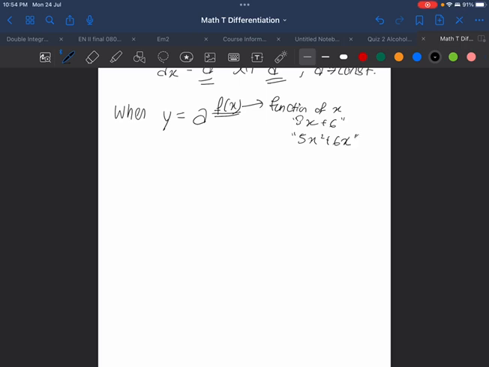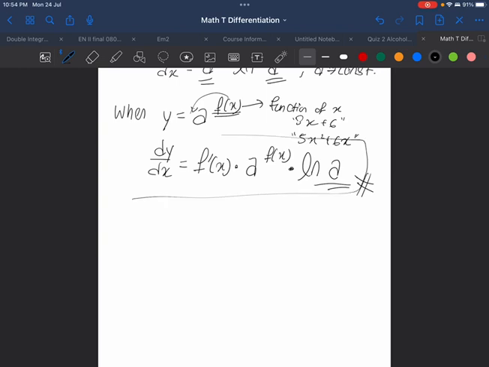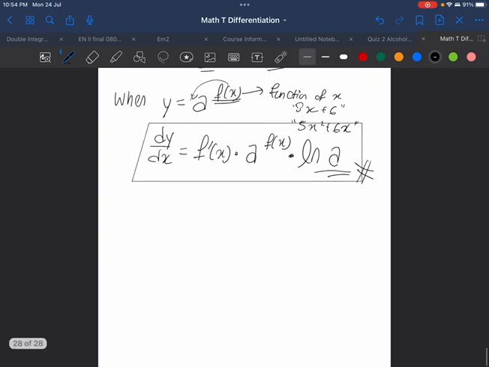And you know that when you find dy dx, you are just applying the chain rule again. So it's f prime x times a^f(x), and don't forget the ln a here. So here is the formula you can use. Alright.